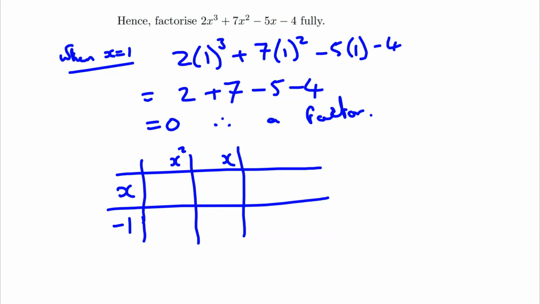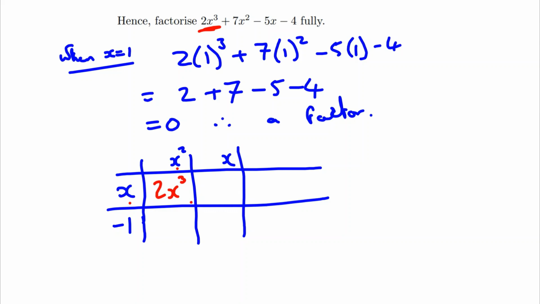Now we know what our value for x cubed is, and the only way of making that x cubed is by doing the x and the x squared values being multiplied. So the only way we get it is inside this box, which means we can then work out the coefficient of this x squared here.